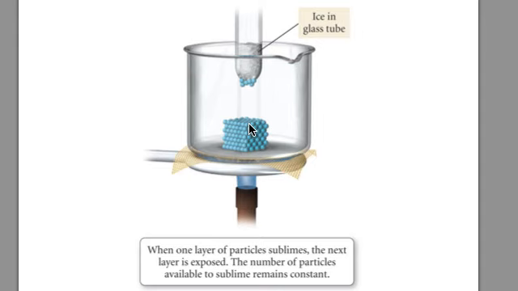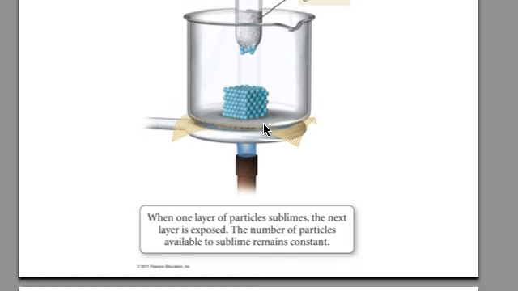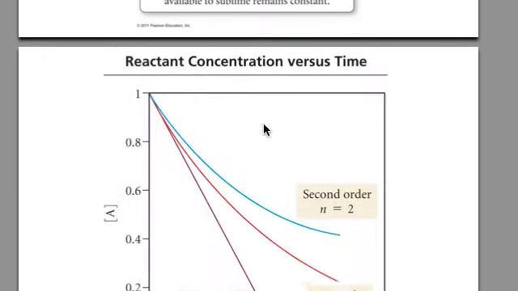We say zero order with respect to concentration because as long as I have some dry ice down there, it should sublime like it usually does. And perhaps temperature and pressure have more to do with the rate of that sublimation than does the concentration of those particles or the number of them.